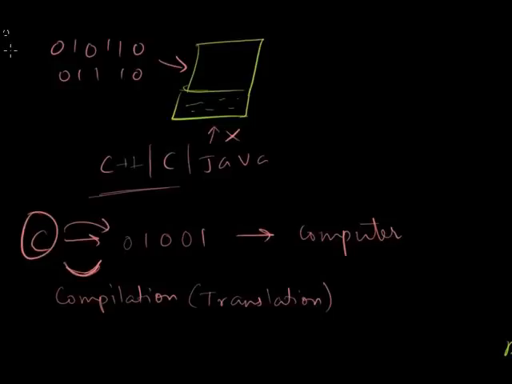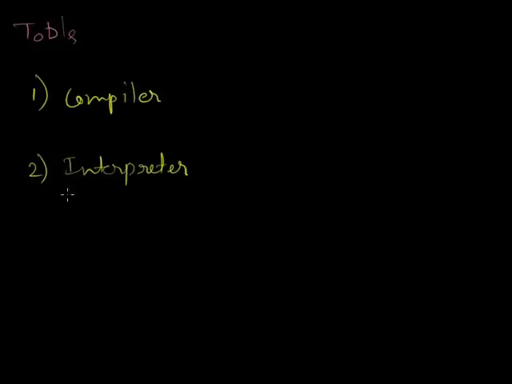Now there are a lot of tools available for this compilation. The first one is known as a compiler. We also have something called an interpreter. And the third one, which is not popular, is an assembler.